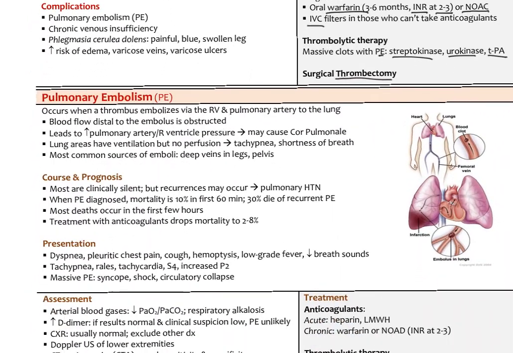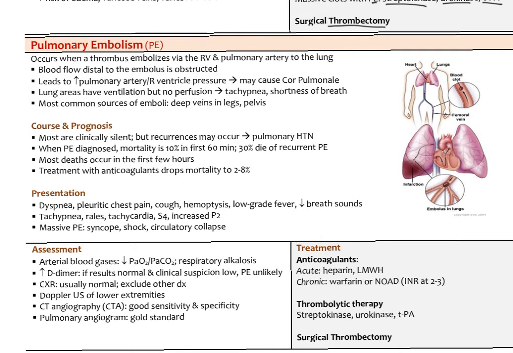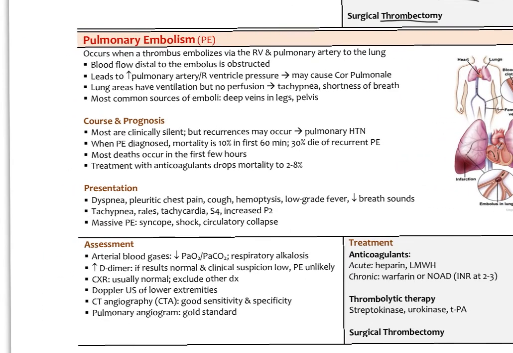Now again, one of the major complications of a DVT is a pulmonary embolus. This occurs when a thrombus embolizes via the right ventricle to the pulmonary artery to the lung. And then it blocks blood flow into a portion of the lung, and so that area doesn't get perfused adequately. And so this will actually result in decreased perfusion of the lung, and that can result in respiratory distress symptoms.